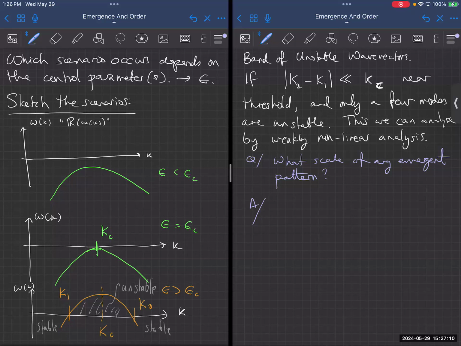Omega is the growth rate of a perturbation. I've got a band of modes with different wave numbers that are unstable, so these will all grow exponentially. If I wait a long time, all of these modes are growing exponentially, which mode will have grown the most after some period of time?